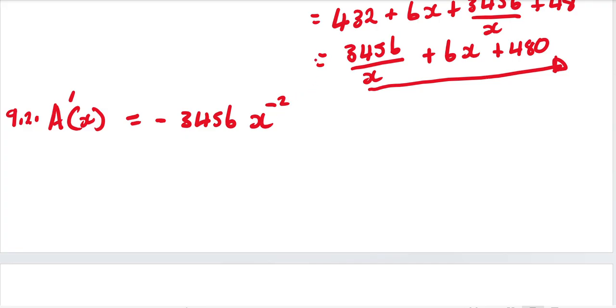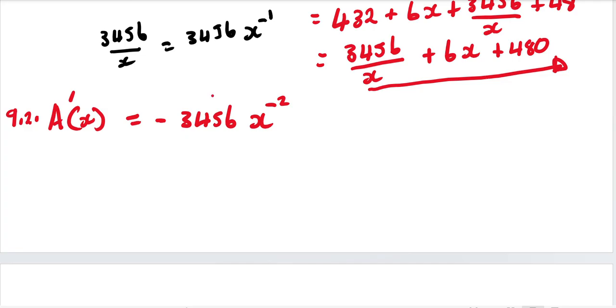Maybe someone is confused. You must know that 3456 all over x is the same as 3456 multiplied by x to the power minus 1. So I said minus 1 multiplied by this, we get negative 3456, and then here we subtract 1. It will be minus 2.